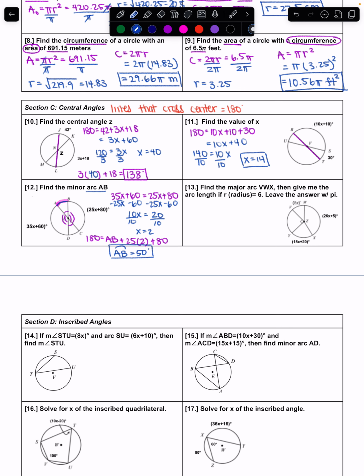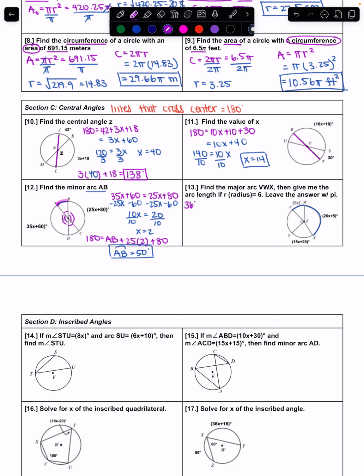For number 13, there's going to be a lot of work, okay? So it's asking us to find the major arc VWX. So here's V, okay? So VW, and then X is all the way over here, okay? So that is a major arc, meaning that it has to be greater than 180 degrees. We know a circle adds up to 360 degrees.